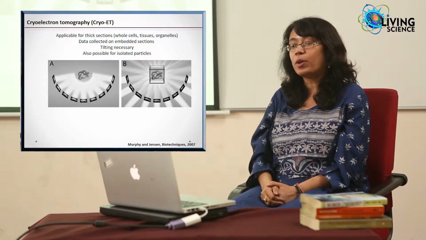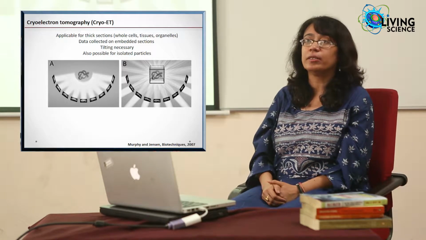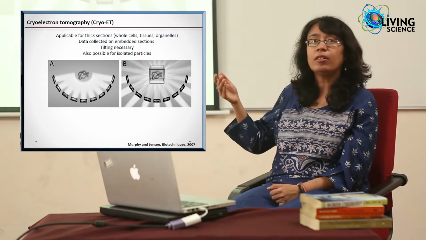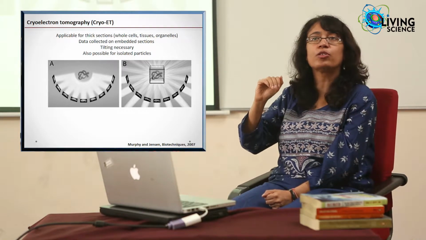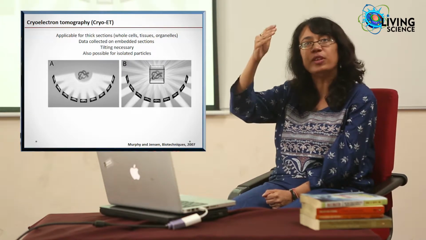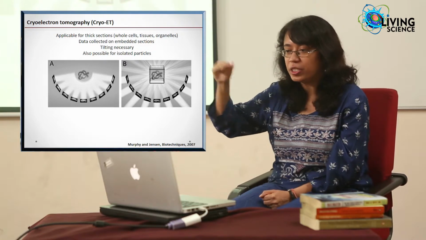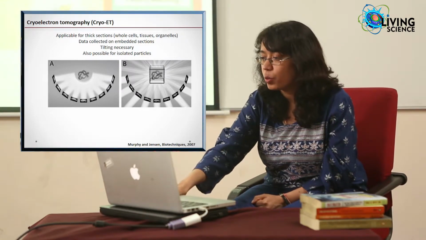What this involves is sectioning of thick material. Here we are not talking about individual protein molecules or individual viruses. We're talking about a whole cell which needs to be sectioned into very thin sections, and then the sample has to be tilted, because here we are not talking about random orientation, so you need to tilt the material in order to capture orientations.